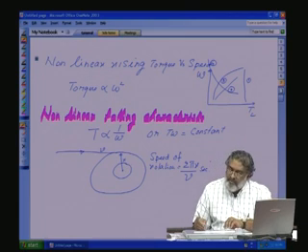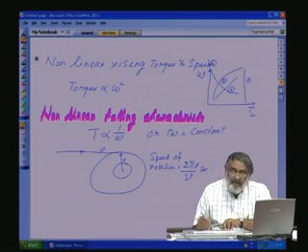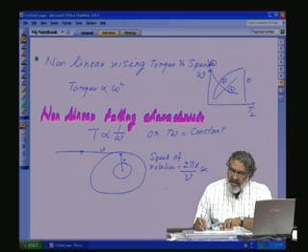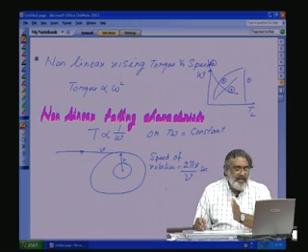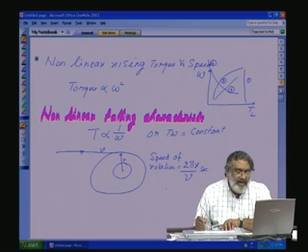Now we have to get a relation between torque and the angular speed omega.